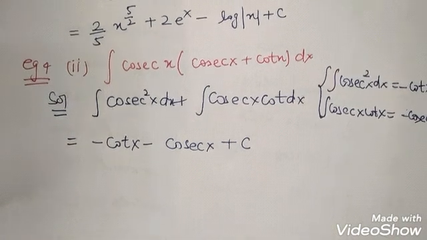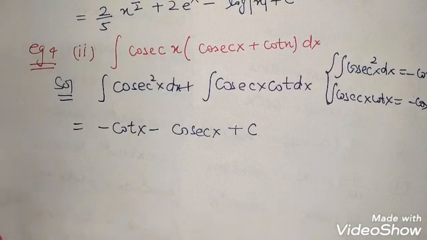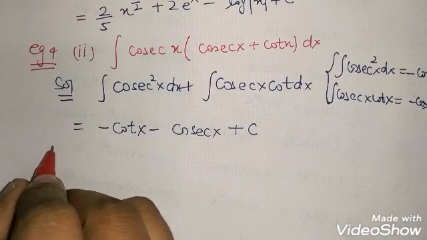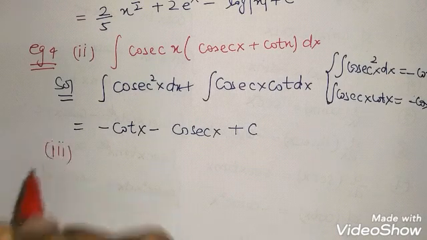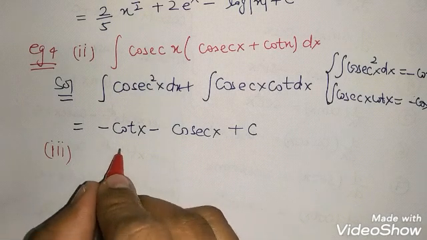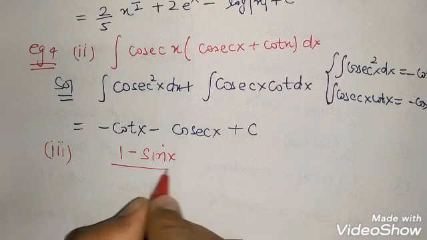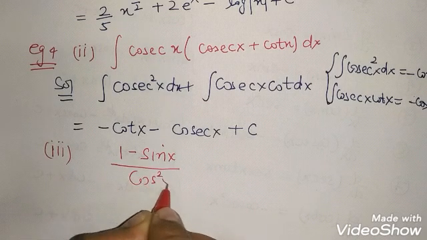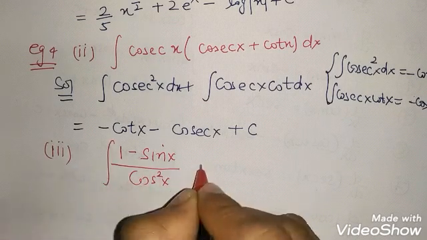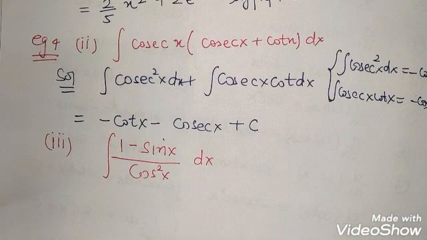Required answer. Okay, one more part. Third part of your example number 4. What the third part says is 1 minus sin x upon cos square x dx.